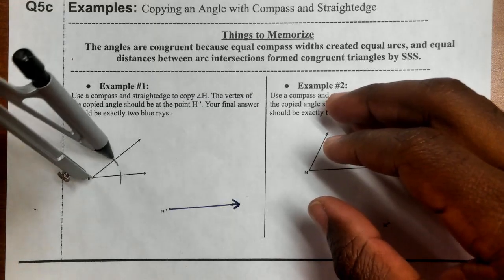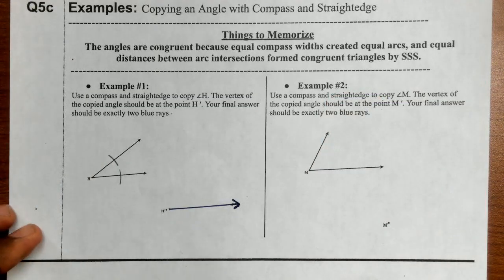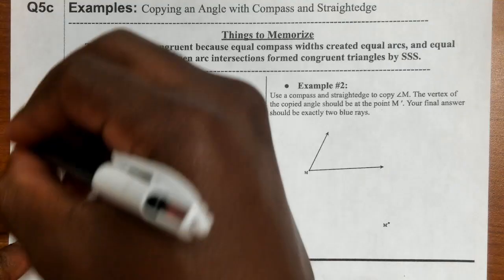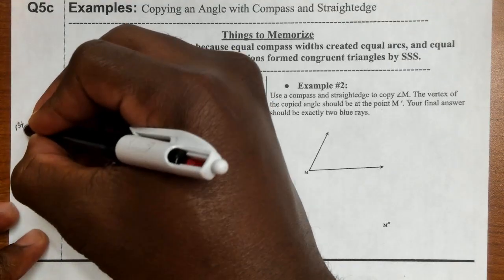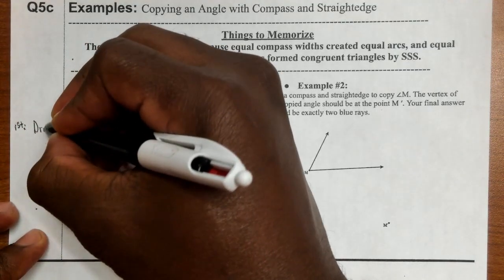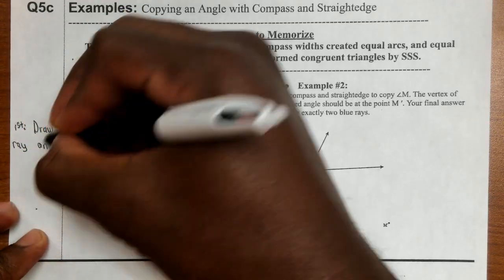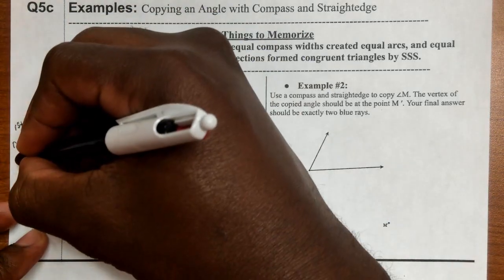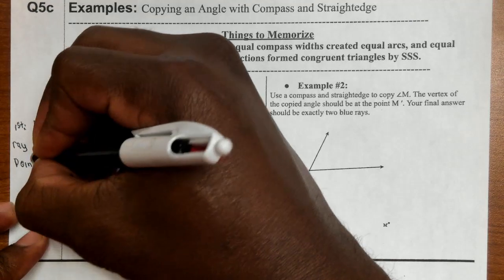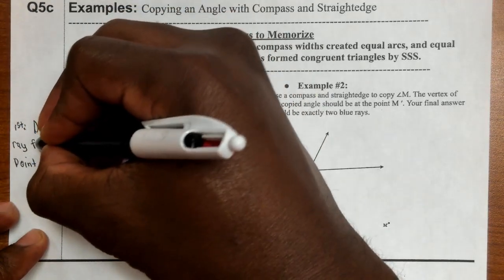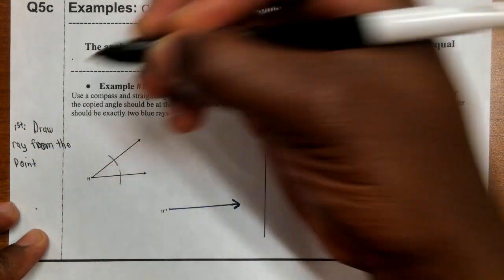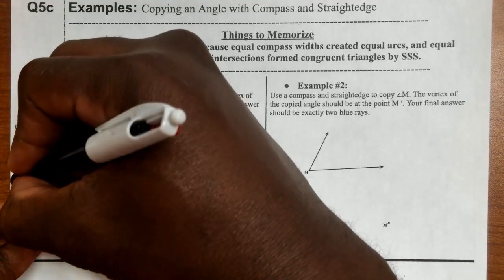So the first step is to draw a ray from the point.